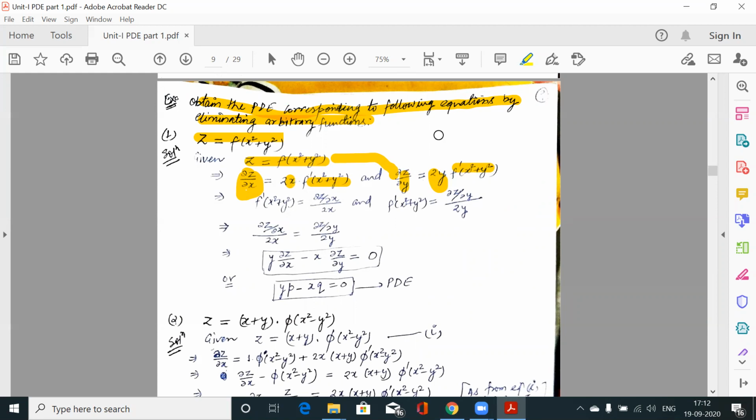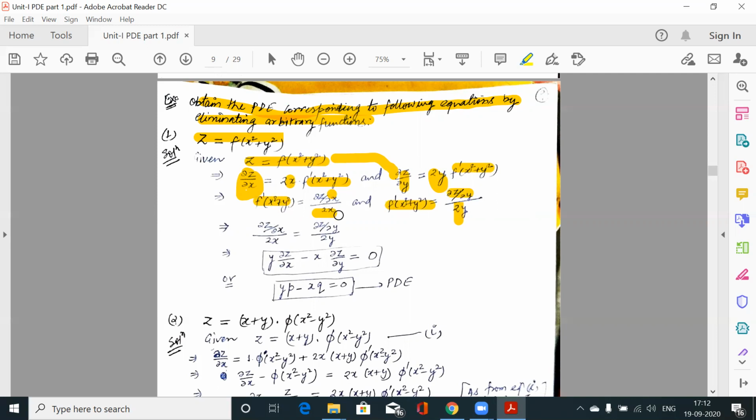So from both of these equations we can get the f dash value. From the first equation, f dash would be equal to del z over del x divided by 2x, and from the second equation, f dash would be equal to del z over del y by 2y.